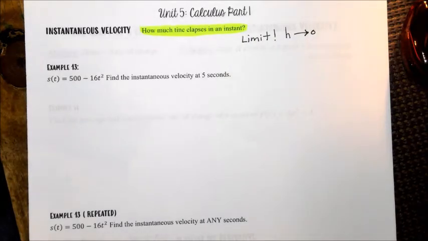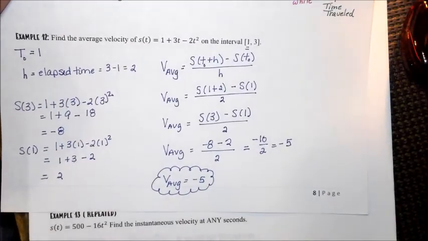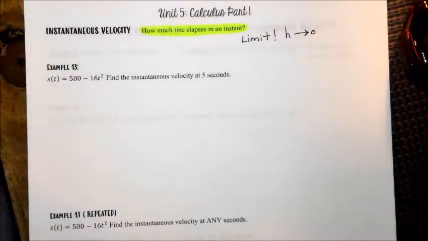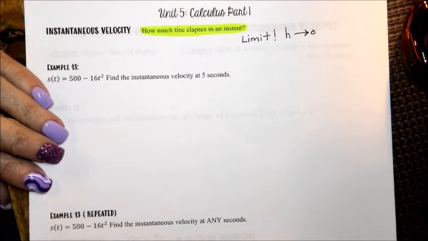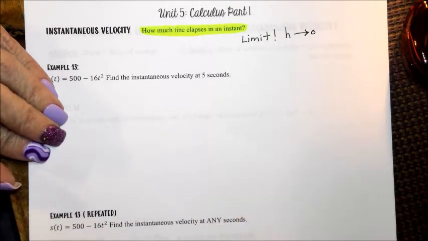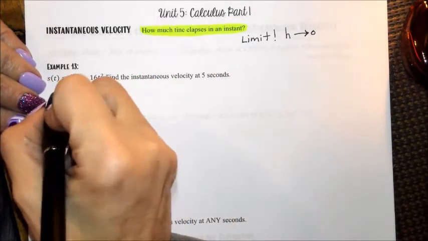Now, how is that different from what we just did? We just found the average velocity. We just plugged in the values and found it, right? Average velocity is an average over time. But instantaneous velocity is going to be a limit. It's going to be at that split second in time, bam, what happens? What's going on? So it's going to be a limit.